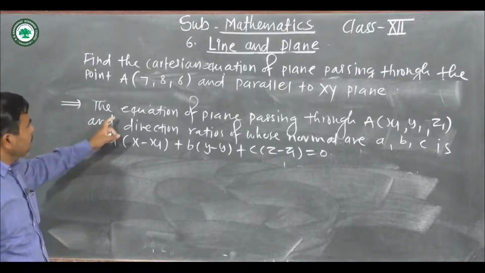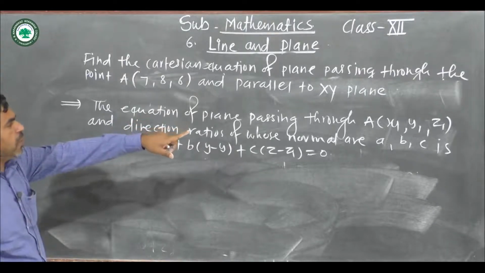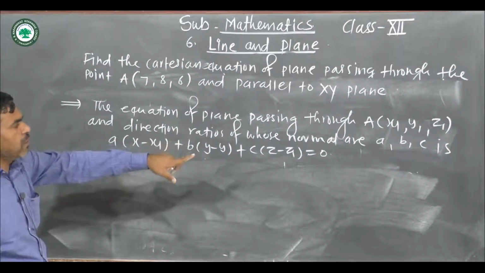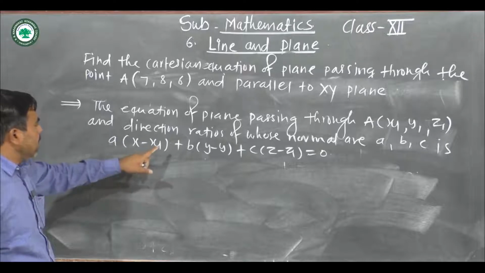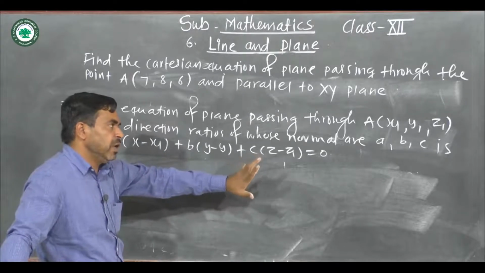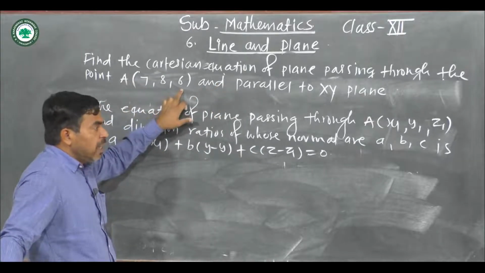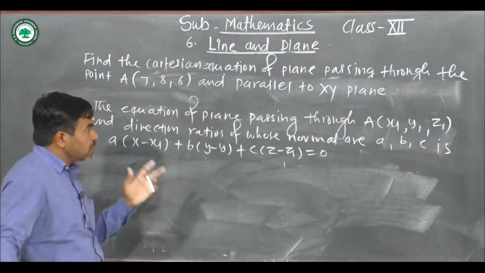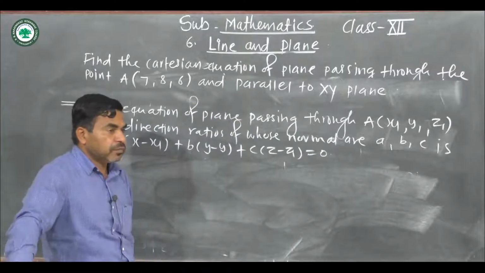We know that the Cartesian equation of the plane passing through the point A (x1, y1, z1) and direction ratios of whose normal are A, B, C is A in bracket x minus x1 plus B in bracket y minus y1 plus C in bracket z minus z1. Now in this example, x1, y1, z1 is given, but A, B, C are not given, normal is not given, it is only given that the plane is parallel to the XY plane.